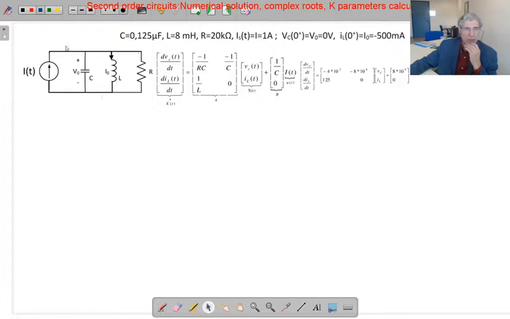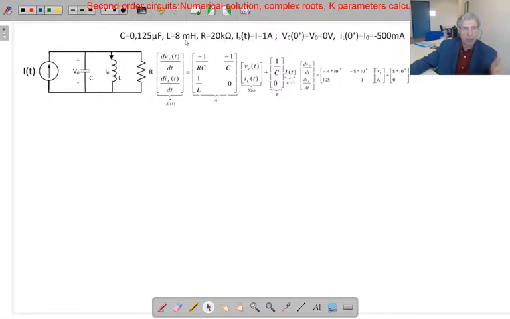Here you are, this is the given circuit. That is the state equations for this given circuit, that is the mathematical model. And these are the element values. These element values are not the same as we used for the real roots, because characteristic roots depend on the element parameters, that means the RLC values.